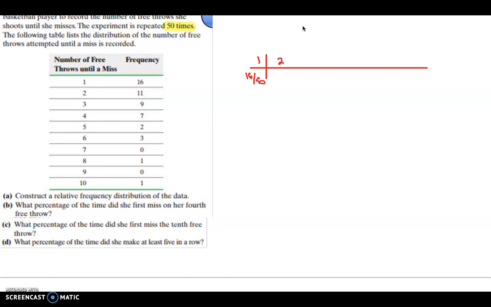And then 2 occurred 11 out of 50 times, so that's 0.22. And then the relative frequency of 3 occurred 9 times out of 50, so that's 0.18, and so on and so forth. That's how we found the relative frequency by hand, and you would continue that on, but StatCrunch does this quite nicely for us.